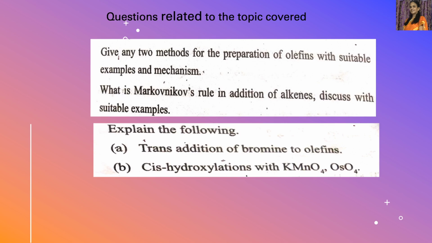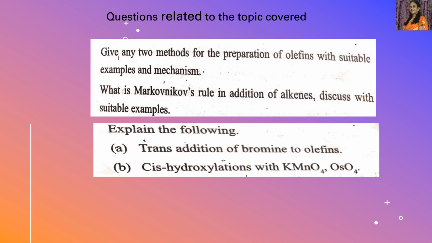And the next one is: explain the following. That is, trans addition of bromine to olefins and cis hydroxylation with KMnO4 or osmium tetroxide. Trans addition of bromine to olefins, just now we have discussed, that is addition of X2.